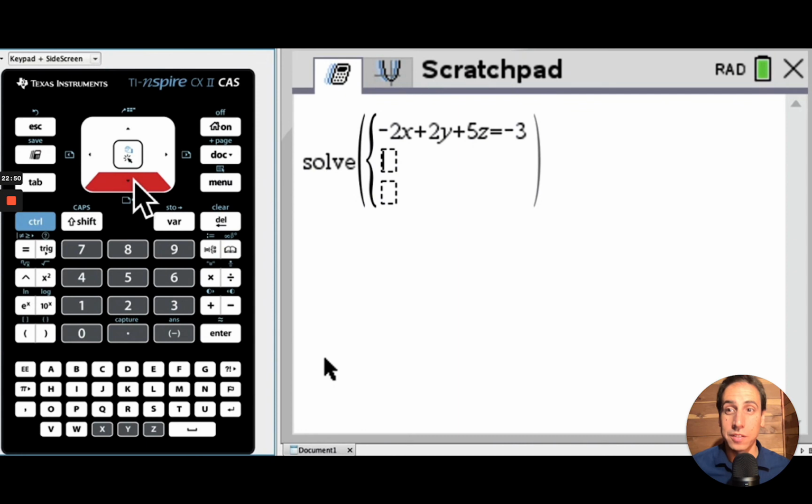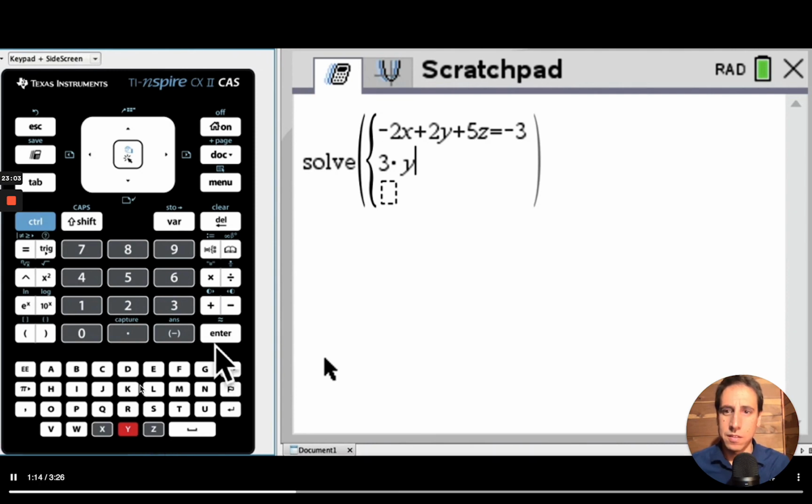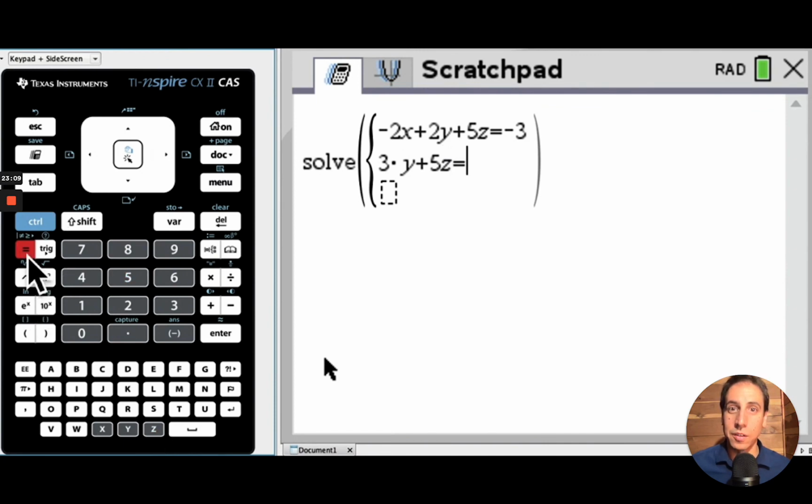Let's type in the next equation. 3 times y, you could also just write 3y, plus 5z is equal to negative 3. Down arrow. I hope you're doing this along with me, because I'm going to ask you to solve one of these. Negative 3z equals negative 9. Right arrow.